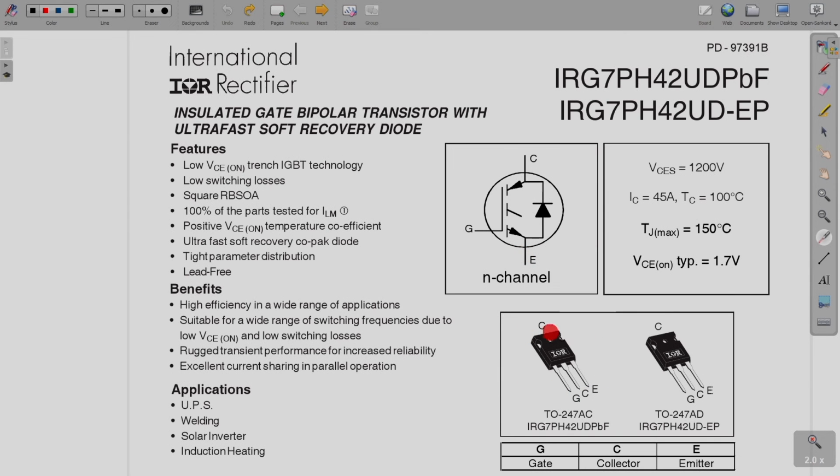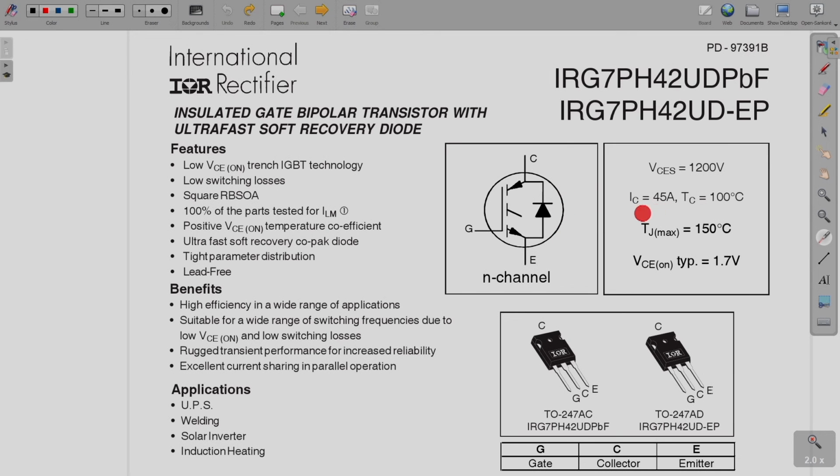This is the picture of it. It uses the TO247 package. You can see these three legs are the three terminals of the IGBT, and this is the part number of the IGBT. And then you can see the key ratings. It is a 1200 volt device, so it can block 1200 volt.